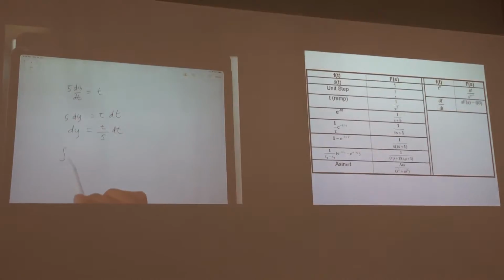So if I integrate dy, I have to integrate this side also. This one becomes t squared divided by 5, and this one becomes y. So eventually you will get something like this, times 2, which is t to the power of 2 divided by 10. Is it the same answer we have?